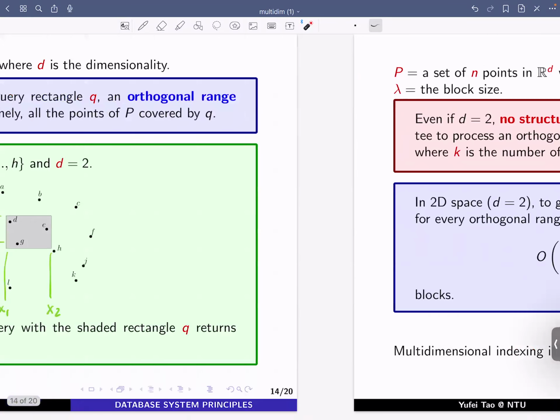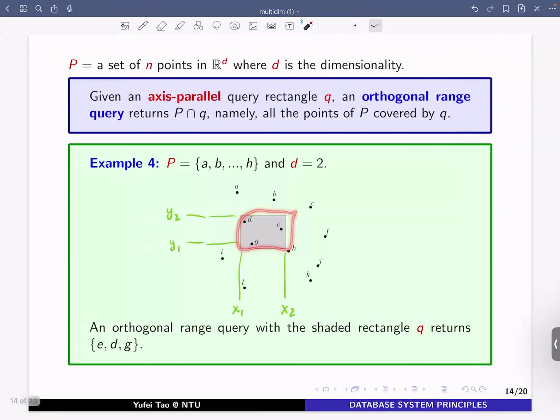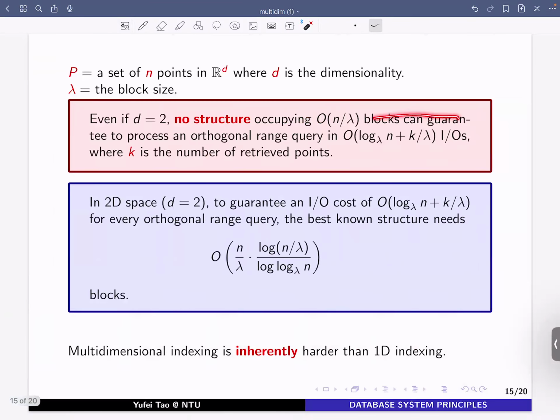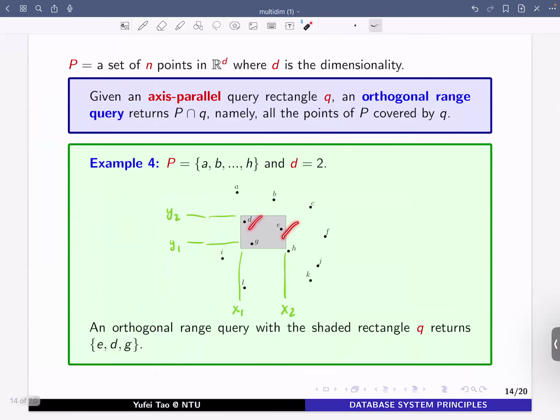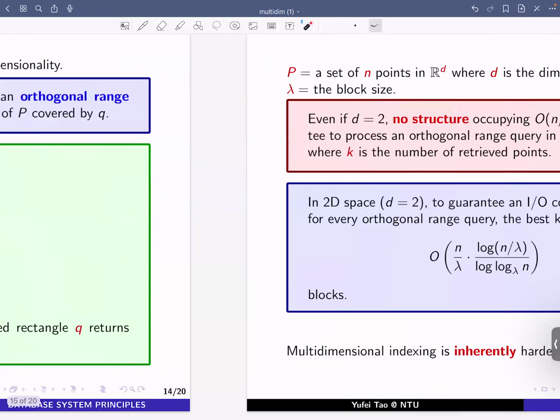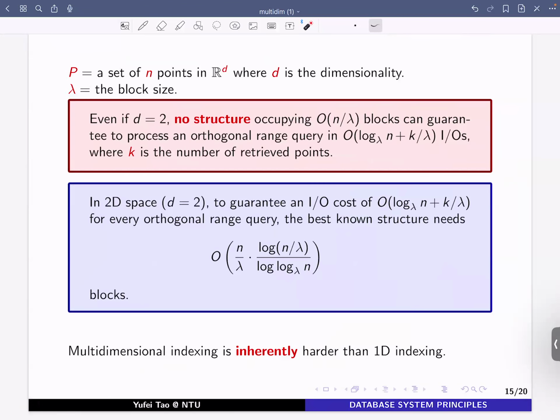And we'll be able to answer this two-dimensional query in so many IOs. So this is k over lambda, and in this particular example, k is 3. So the question is whether it's possible to match these performance guarantees in two-dimensional space, right?